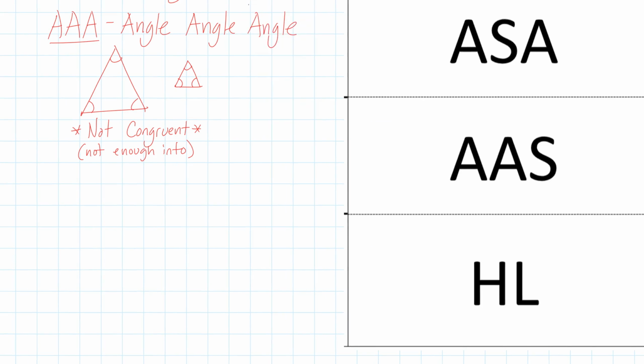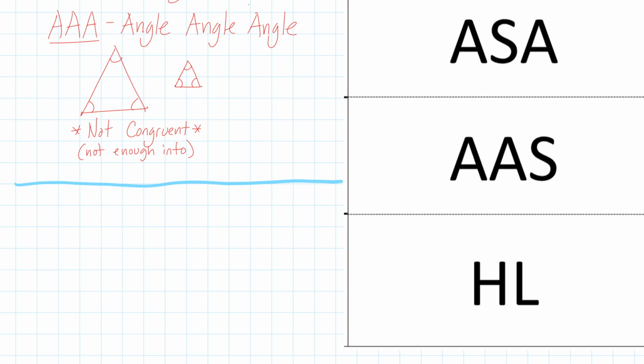All right, now there are just 2 more things that I want to talk about. So draw a little line. Remember how earlier I said that you can't willy-nilly mark parts congruent? You can't just say, oh, it looks like the same size, so I'm going to mark it congruent.